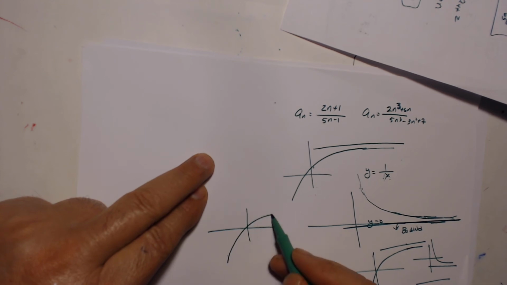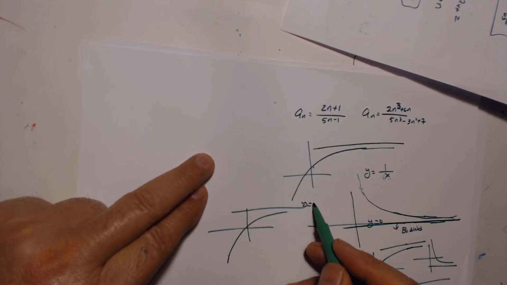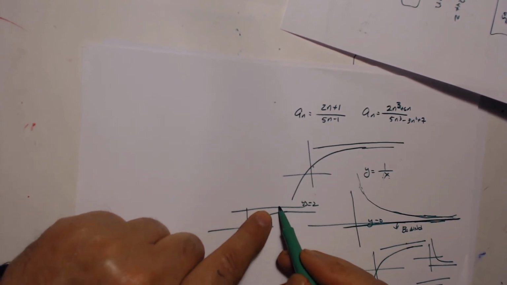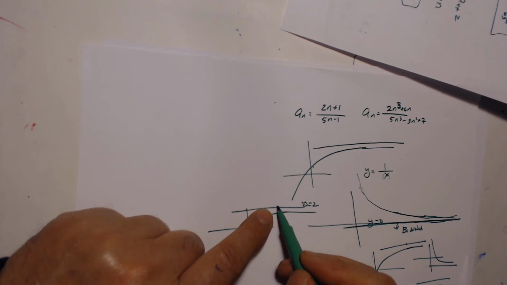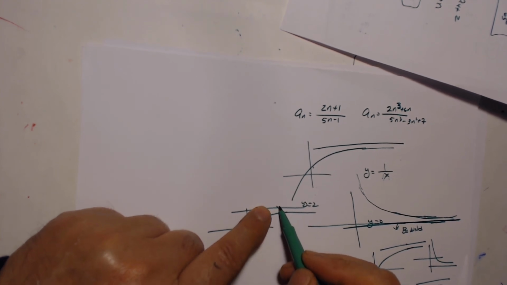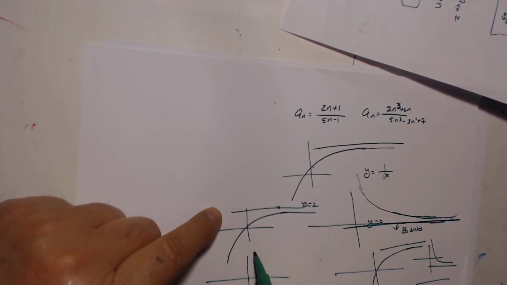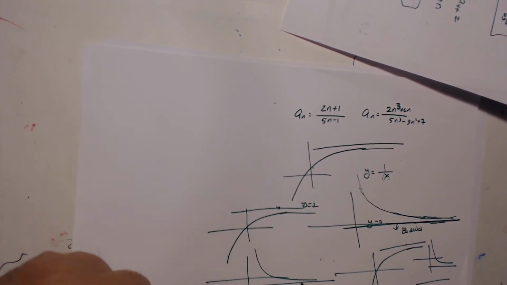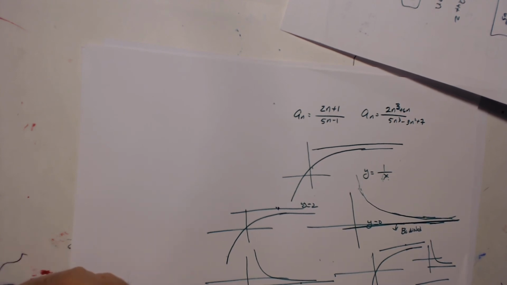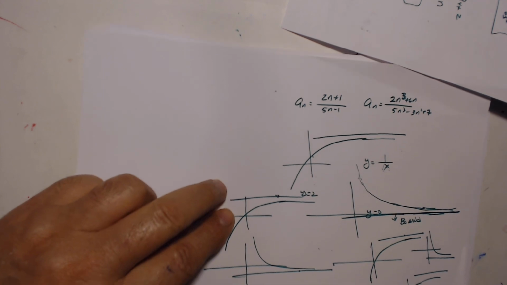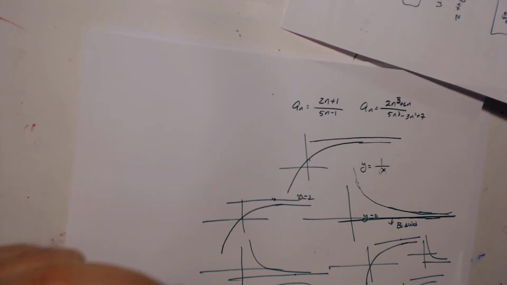If this one becomes the line y equals 2, they call this one the smallest of the upper bounds, or the least upper bound. If it's from the bottom, they call this one the highest of the lower bounds. But if it's bounded from the top and the bottom, they just call it bounded.